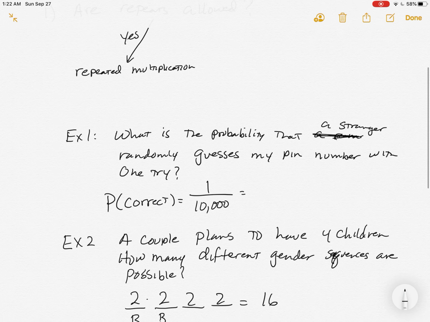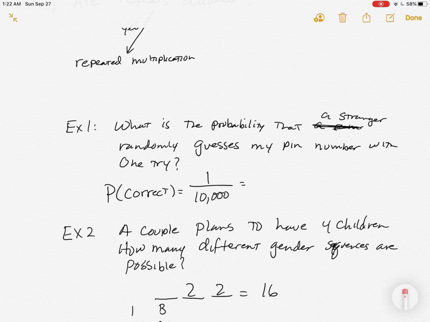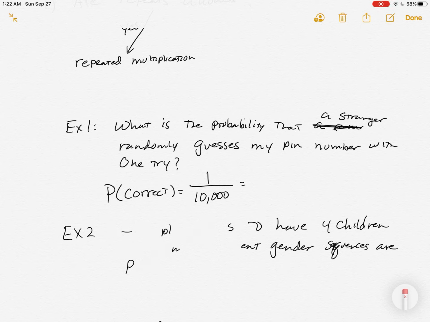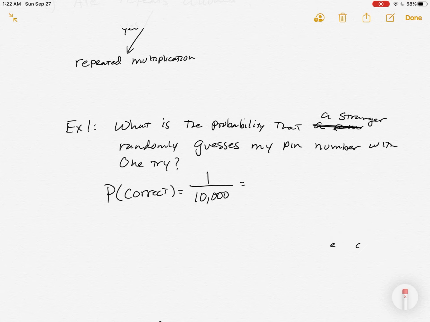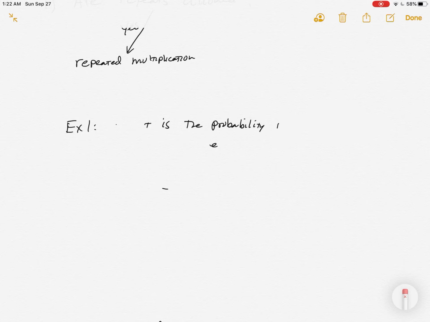Now, sometimes the answer to this question of are repeats allowed is no, and that's a good thing, because when it's no, it means we can turn to a button on our calculator and it's just going to spit out these large values. And so I just want to teach you those formulas right away, because we need one of those as we move forward into chapter 5, specifically in 5.2.